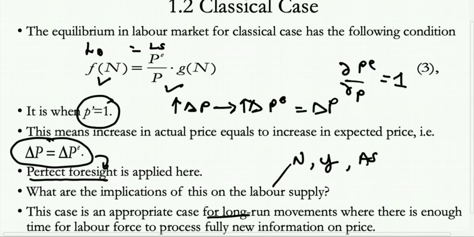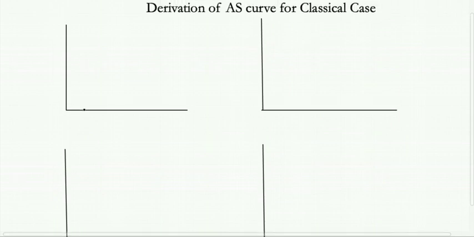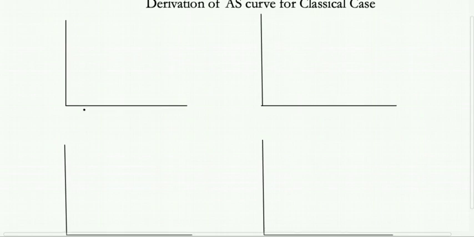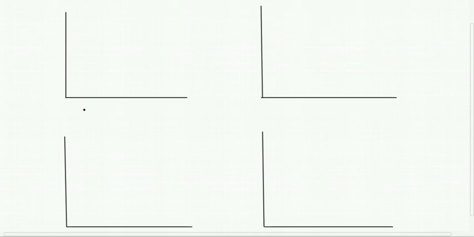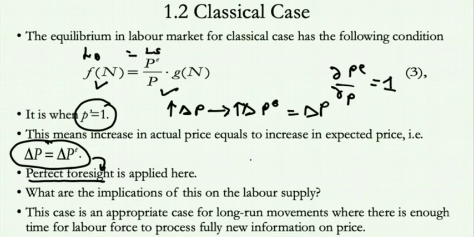Okay, so we try to look at it in the form of graph analysis. Again, the same thing, we have 4 different types of graph here. Here we have the determination of a supply curve for the classical case. Let me push up so that I can get it. We want to see what happens to the labor supply level. We also want to see what happens to output level, employment level, and also aggregate supply. So these are the implications that we want to see.